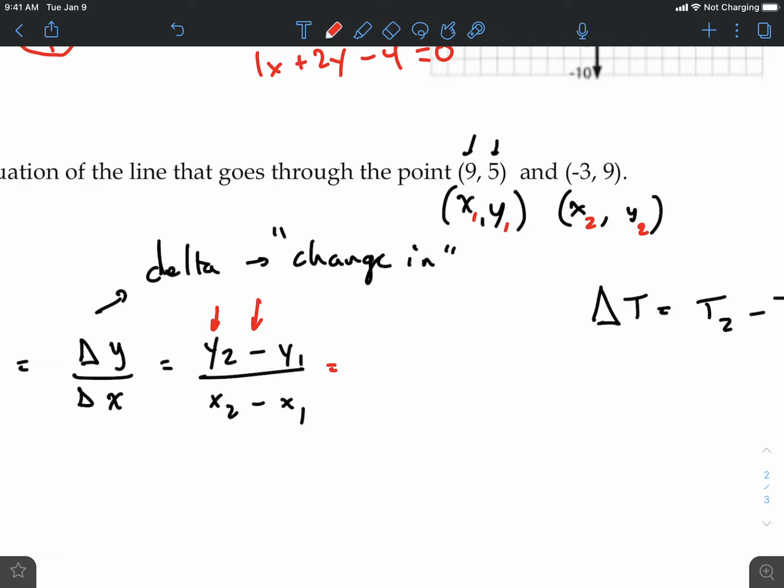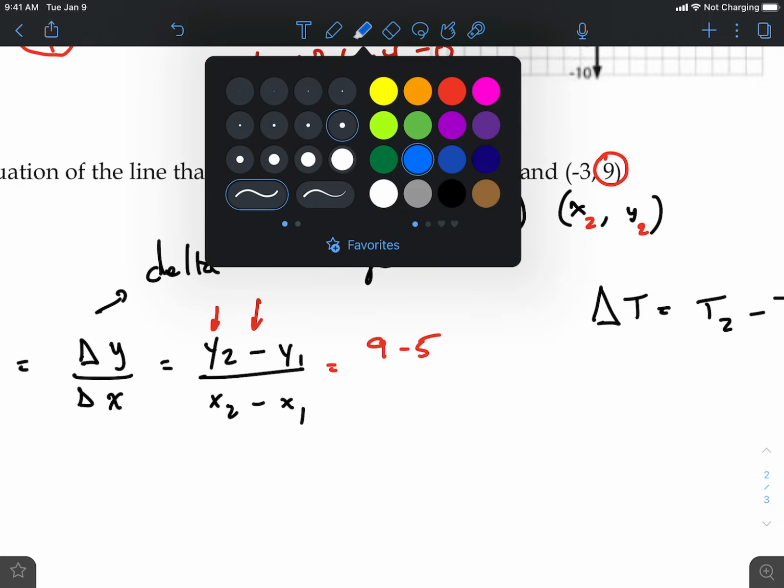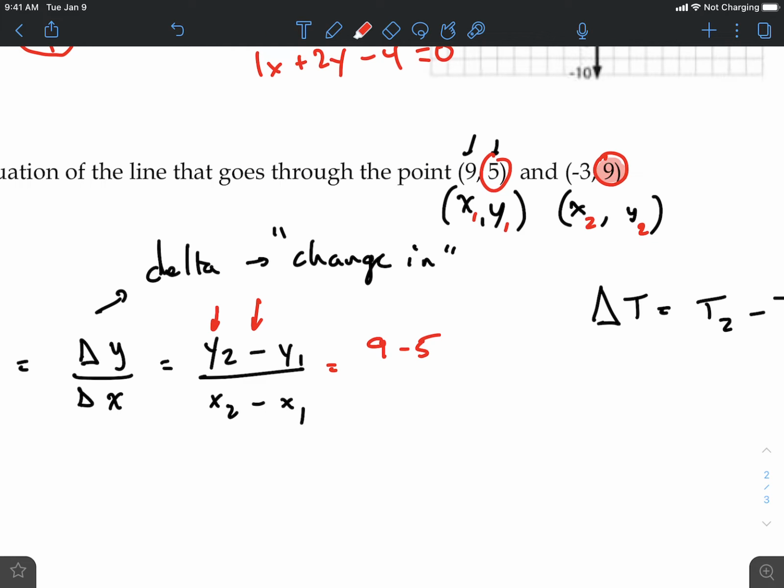Okay, so we're going to go 9, take away 5. You see where that came from? 9, take away 5.